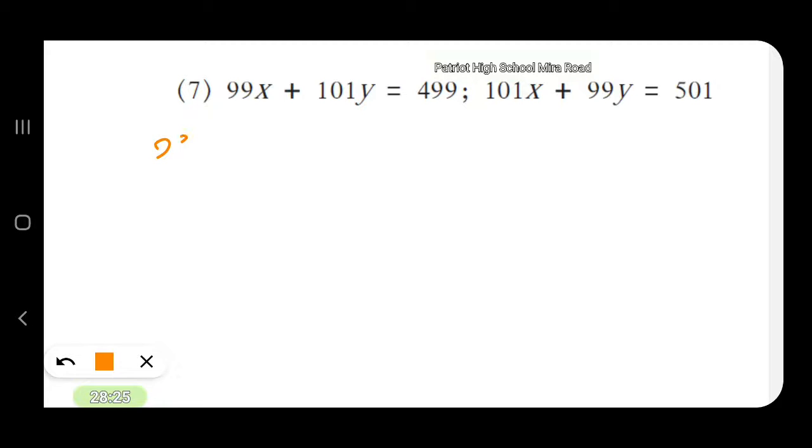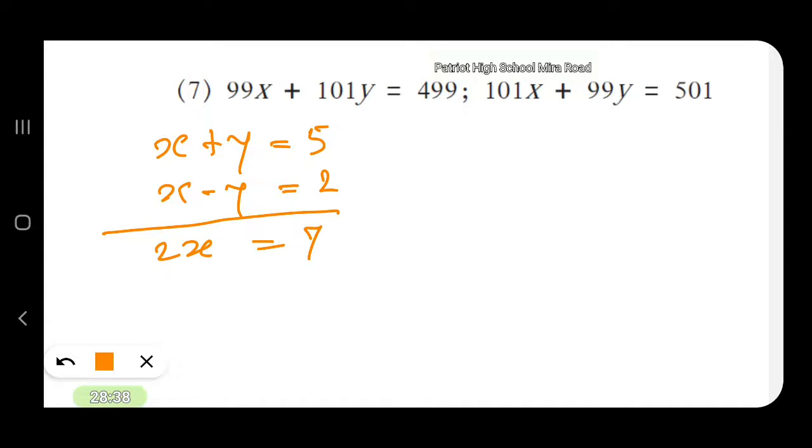So x plus y is equal to 5. x minus y is equal to 2. Adding the two, we get 2x is equal to 7. Therefore the value of x is equal to 7 upon 2.